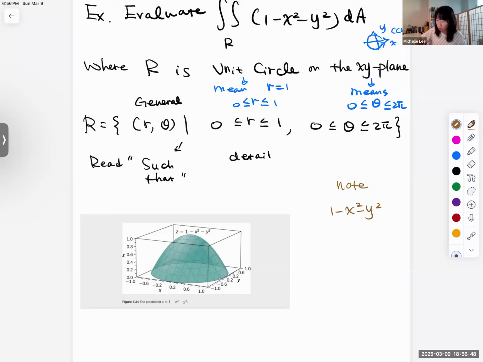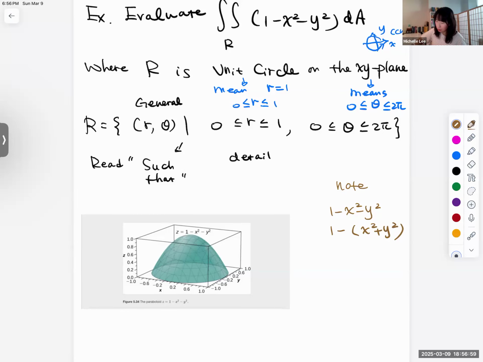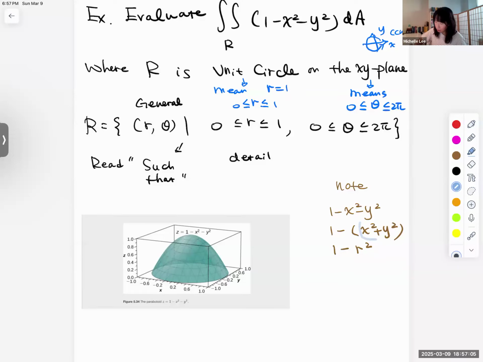So this is 1 minus x squared plus y squared, right? Then we can express this one as r squared. Yeah, 1 minus r squared. Make sense? So x squared plus y squared, we can express as r squared because we are using polar coordinates. So we have to convert everything to r or theta, right? Okay, then dA, we can use r dr d theta, right? Okay, let's do it.